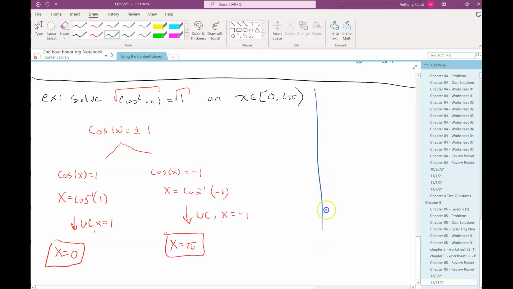Now, John, if this was a situation where, instead of from 0 to 2 pi, we were looking at all real numbers, we might have written down x is equal to 0 plus 2 pi k.